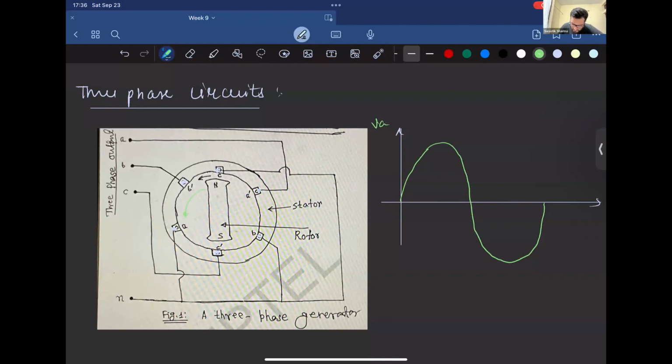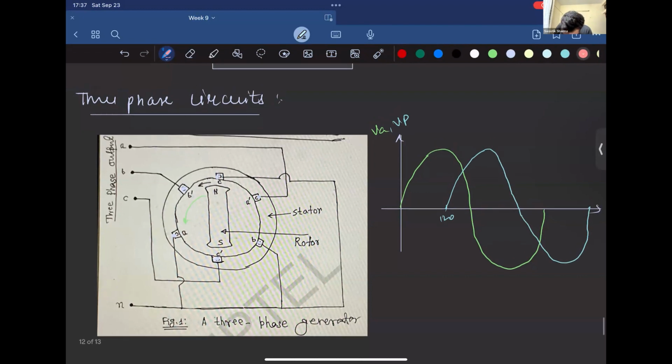Similarly, since all of the coils are displaced by an angle of 120 degrees, the conductors are placed in such a way that they are displaced through an angle of 120 degrees. So at 120 degrees, the EMF production starts in the B coil, right?